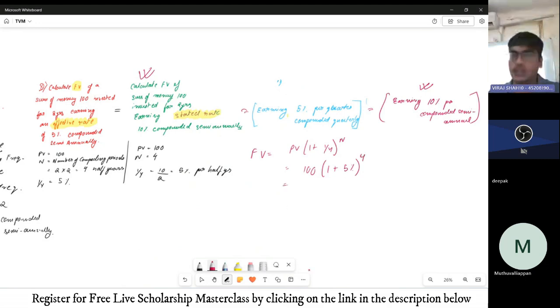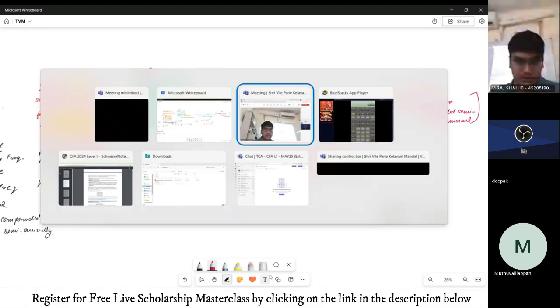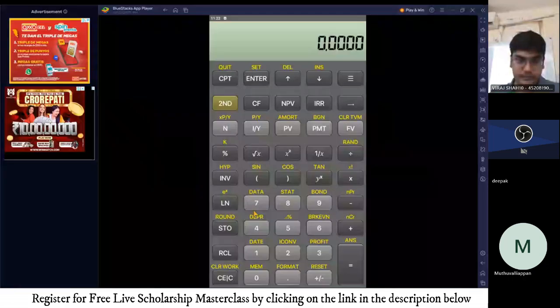In the calculator, 1.05, y to the power x, 4, into 100, gives 121.55.